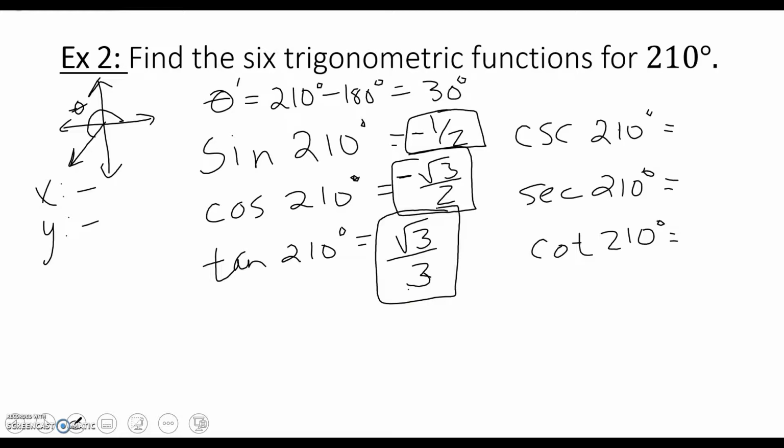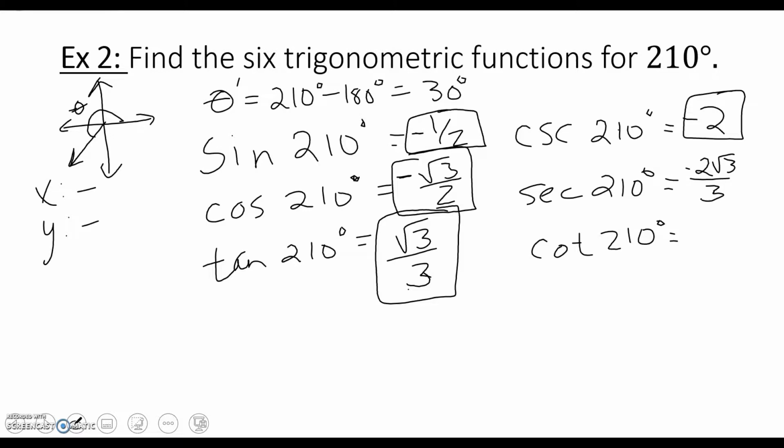And now I wrote these so that the reciprocal is right across from them. So the reciprocal of sine would be negative 2. The reciprocal of cosine of 210 would be 2 over square root of 3, or if you remember, you rationalize the denominator and it becomes negative 2 square roots of 3 over 3.